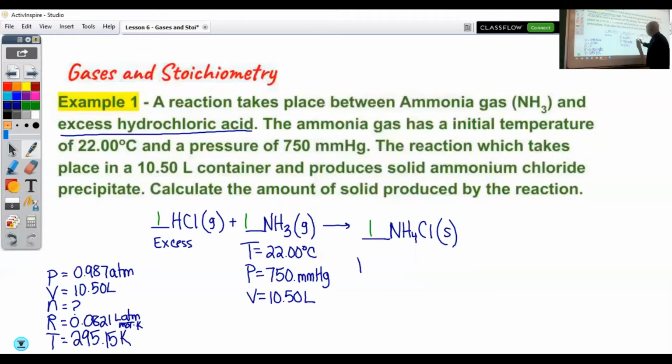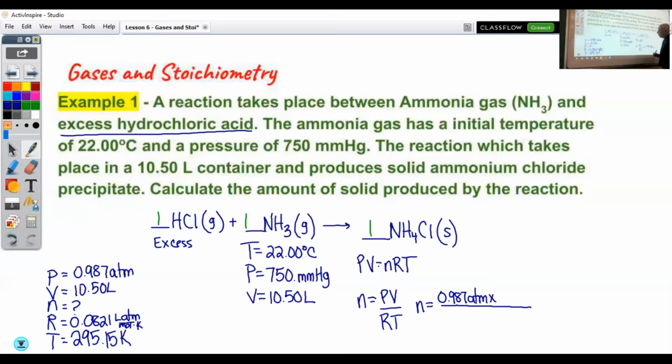So if our original gas law is PV equals nRT, when we rearrange it to solve for the number of moles, we're going to get PV divided by RT. So our pressure in this case is 0.987 atm.